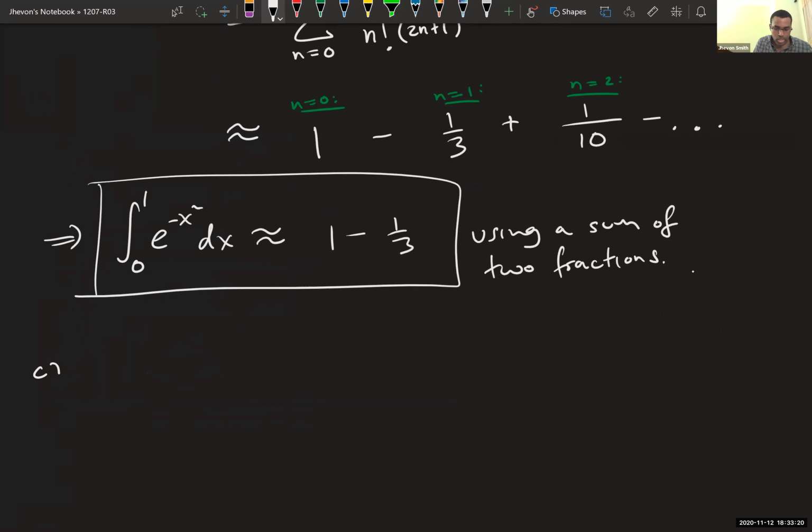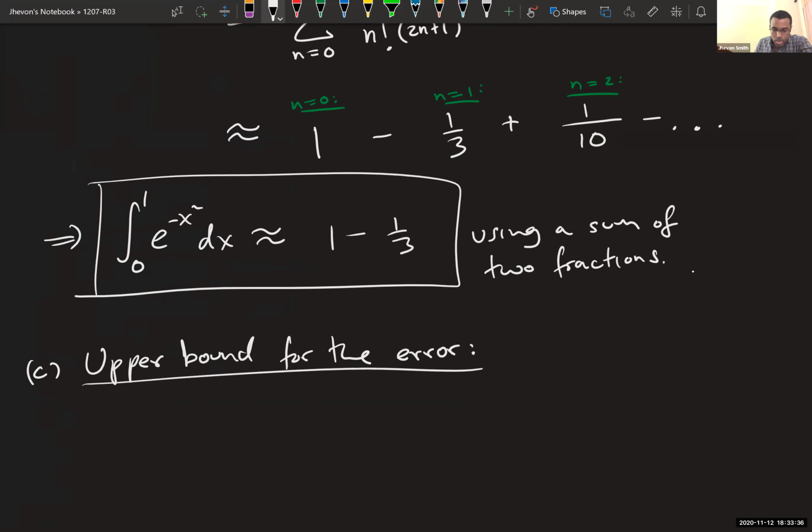And if I were to ask you, how good is this approximation? What is an upper bound on the error? Well, an upper bound for the error, that would just be by the alternating series approximation theorem, because again, it's an alternating series.